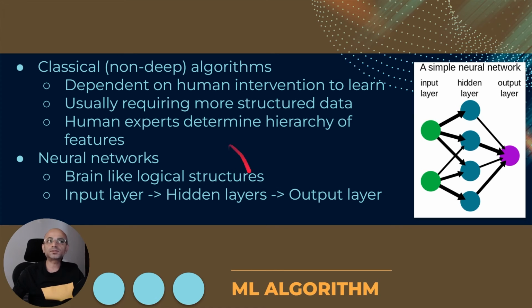There are other kinds of algorithms which come under neural networks, and these algorithms are based on brain-like logical structures, and those algorithms will have an input layer, one or more hidden layers, and an output layer.